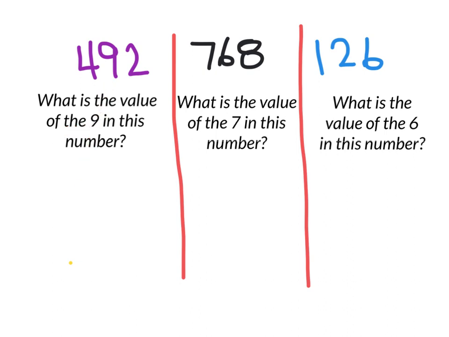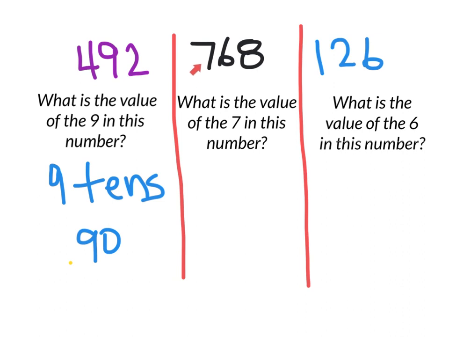Go ahead and do that now. Write down the value of the 9. Okay, so if you wrote down 9 tens or 90, you have the correct answer. Good job.